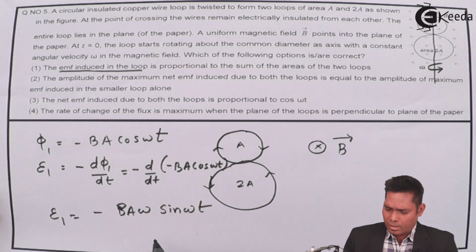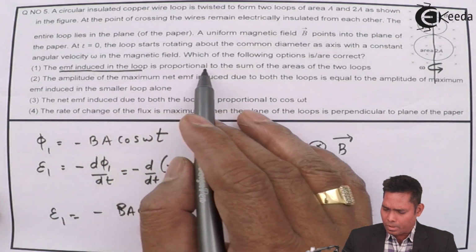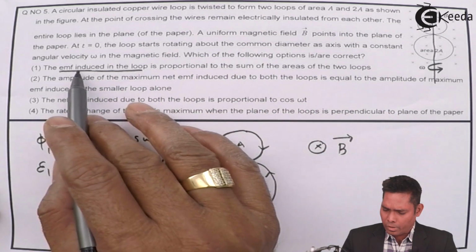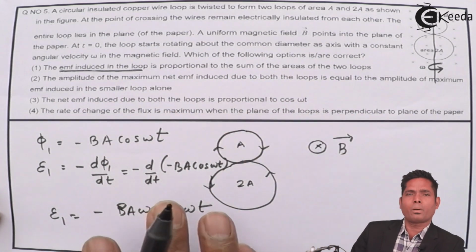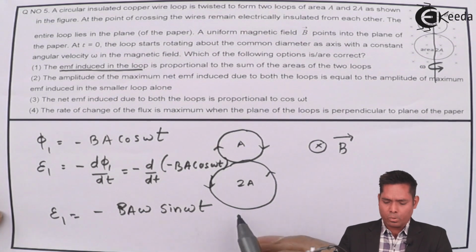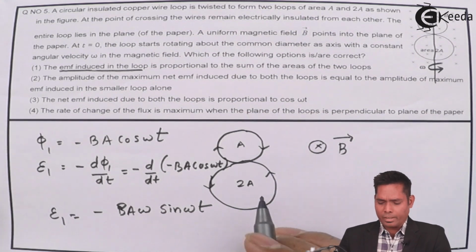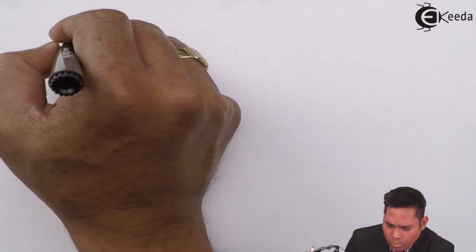The EMF induced in the loop is proportional to the sum of the areas, so it talks about the total EMF induced. Let us find the expression for total EMF induced. To find that, we have to think of total area. So what about phi 2?